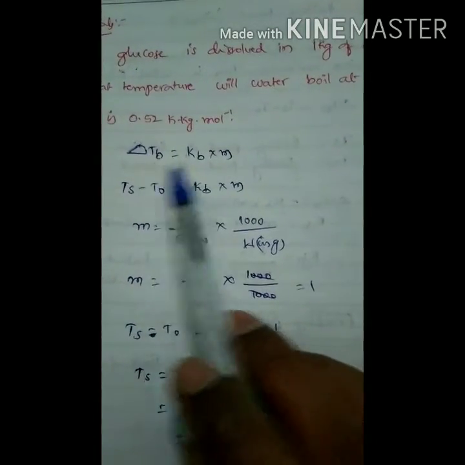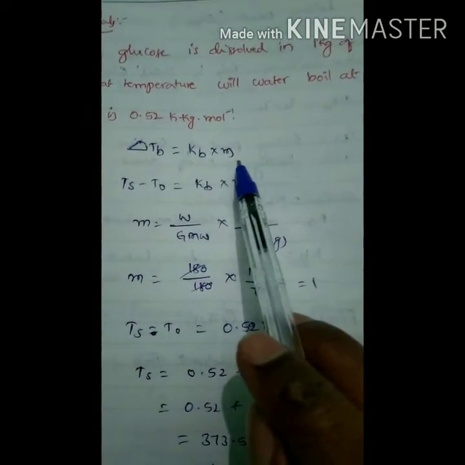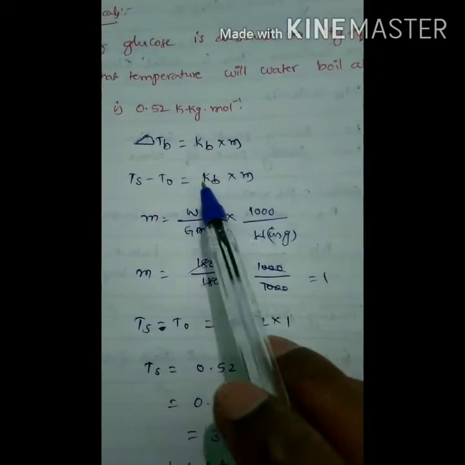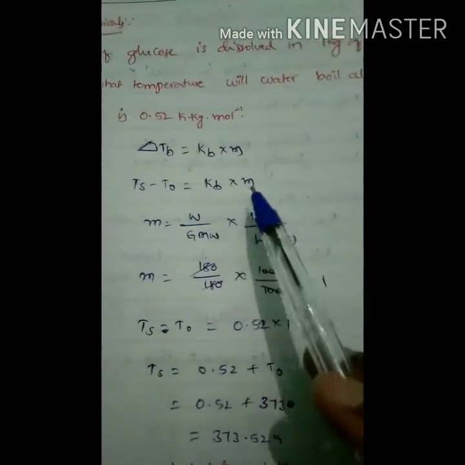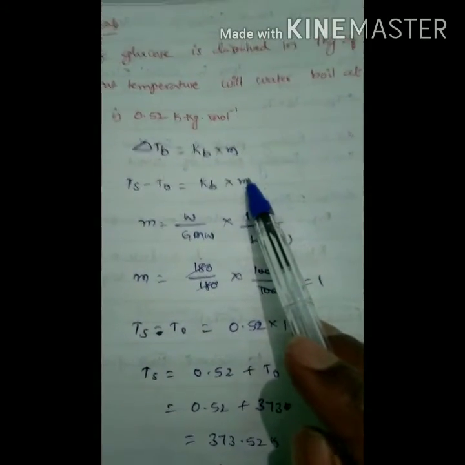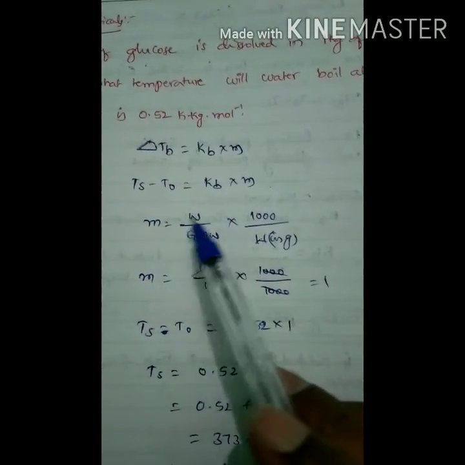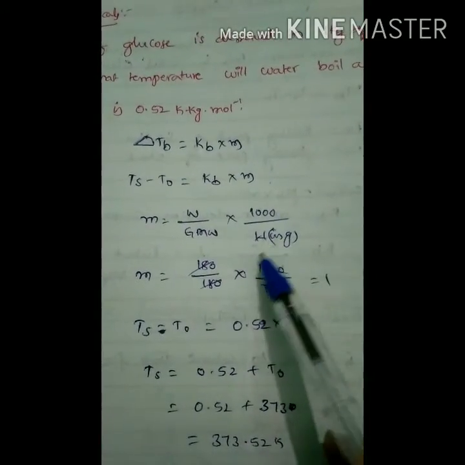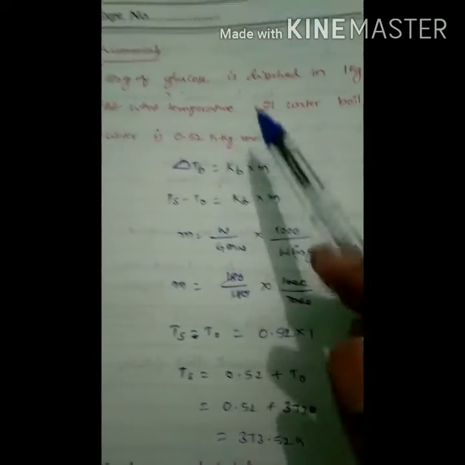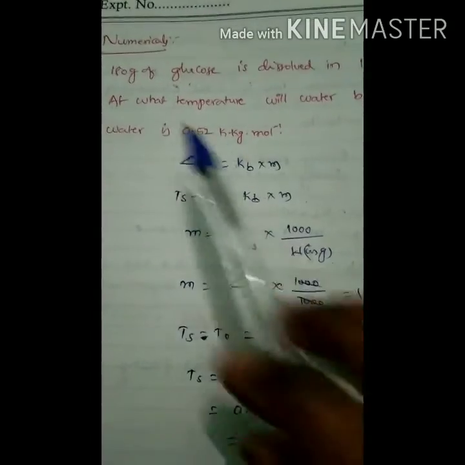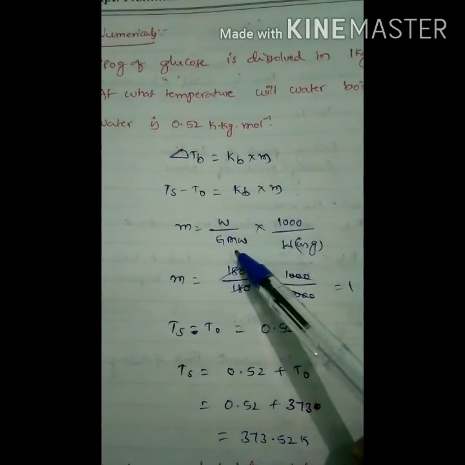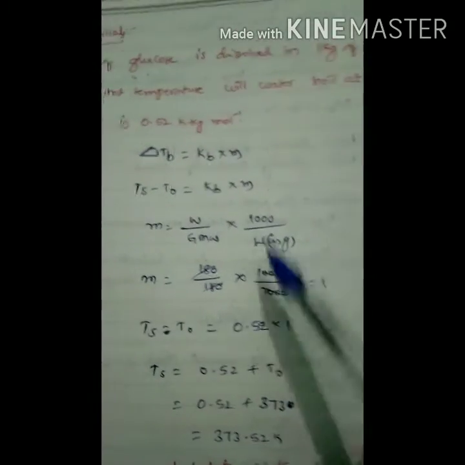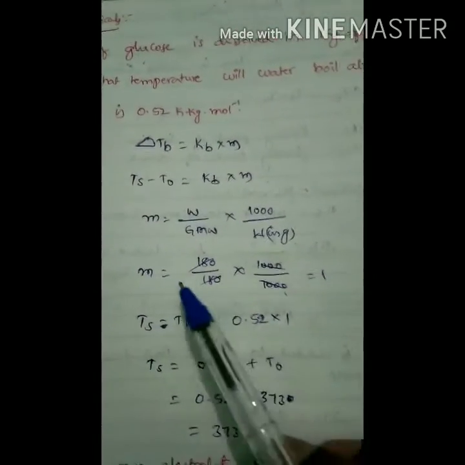That formula is delta Tb equal to Kb into m. So delta Tb equal to Ts minus T naught, that equals Kb into m. We know m means molality. Molality is equal to weight of solute by gram molecular weight into 1000 by weight of solvent in grams. Weight of solute is 180, gram molecular weight of glucose is also 180, into 1000 by 1000, since 1 kg is 1000 grams. So m becomes 1.